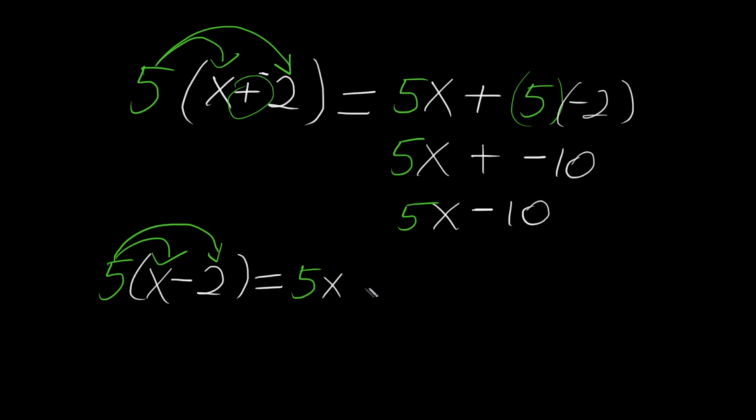Then we have the minus sign in the middle. And then we have 5 times 2, which would be 10. So really, this is technically a negative 10, if we think about it in terms of plus negative, like we did up here. So whichever method is easier for you. I prefer this one. It's a little bit cleaner, but a lot of students that are just starting out with the distributive property may find this one a little more helpful in the beginning.